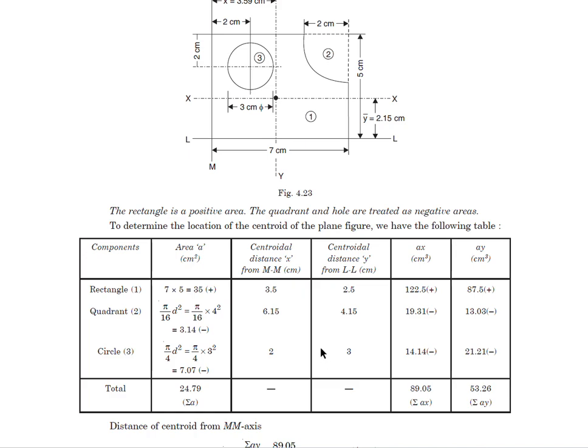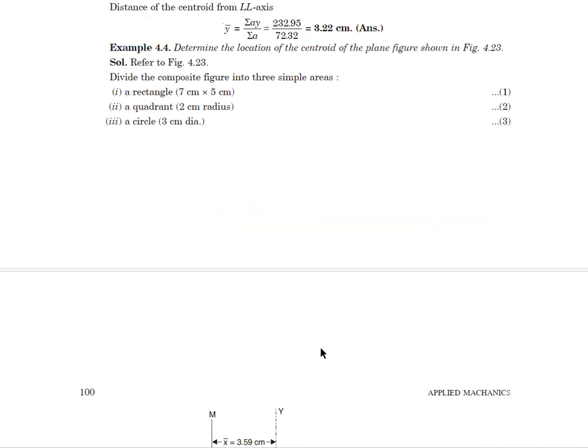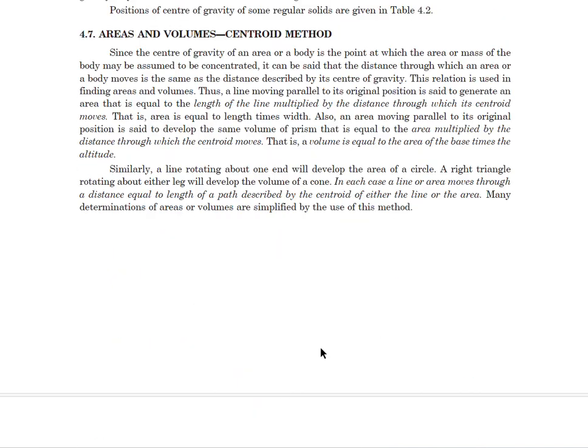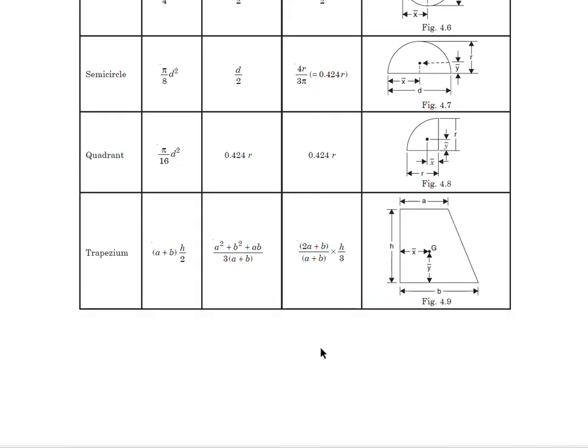For the quarter circle, we can see over in this table again. For a quarter circle, it is basically 4 r divided by 3 pi, both in x and y, because it is not at the center.